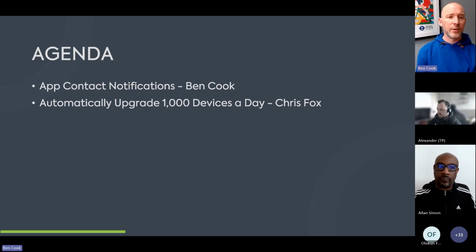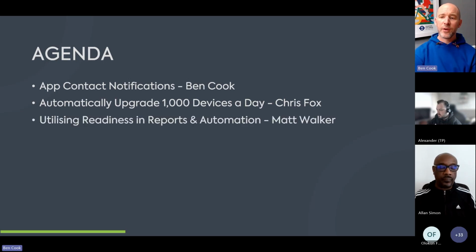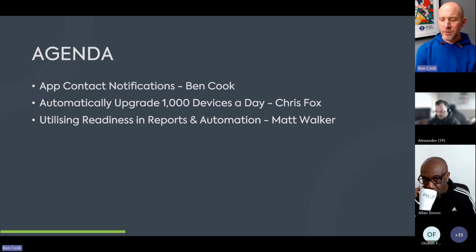So Chris is going to give you a demonstration of how they're doing that. And then finally, we're going to pass over to Mr. Matt Walker, who's going to show you some readiness ideas. So using readiness in both reporting and automation, this is something a lot of our customers have started to do, but not everyone's doing. It's really powerful. So we thought we'd share that with you.